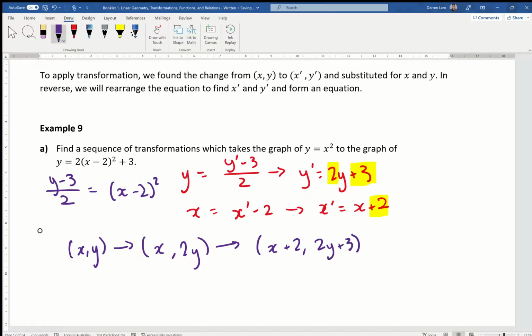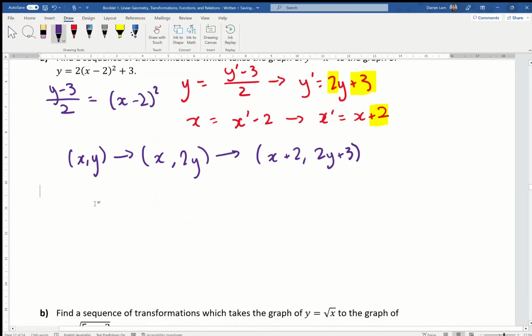Now, in future, you don't need to write out each step. However, for me, it makes the most sense because we're going to write these steps out. I'm going to type it out because I'm lazy, but you will have to write these out in similar wording. Okay? So, 1, it's a dilation of a factor 2 from the x-axis.